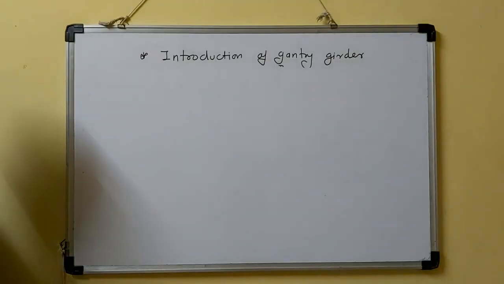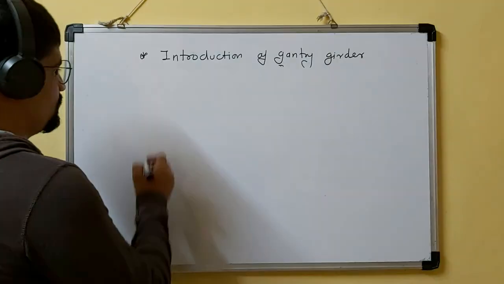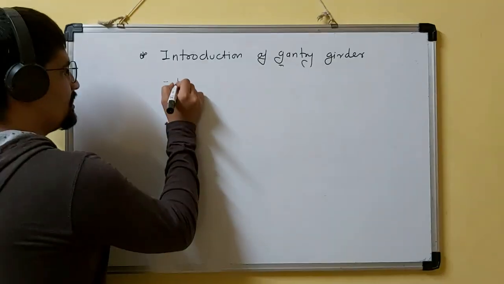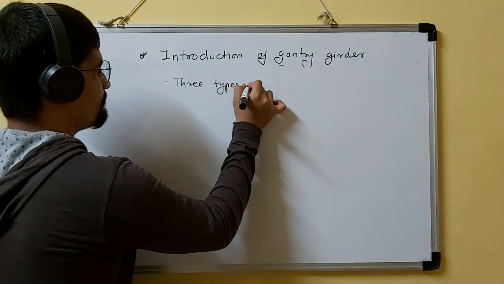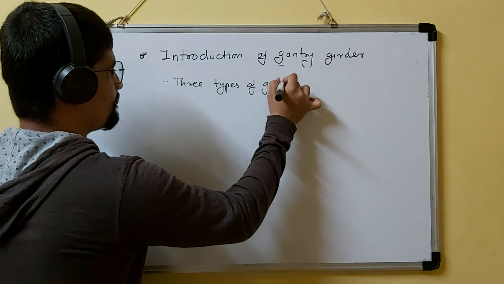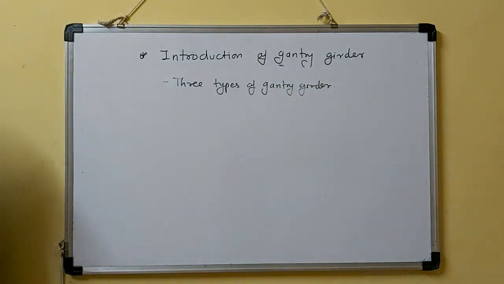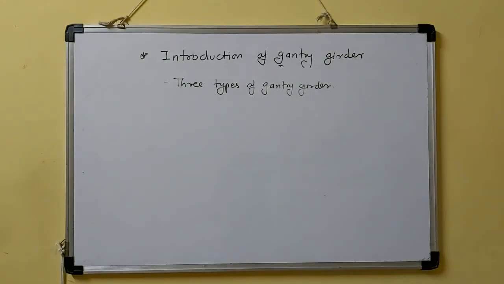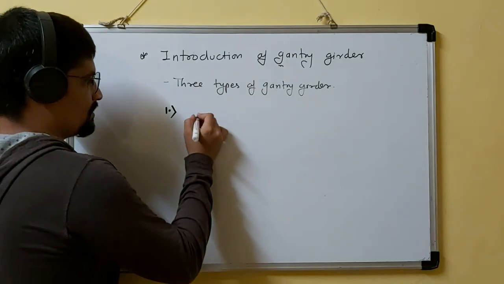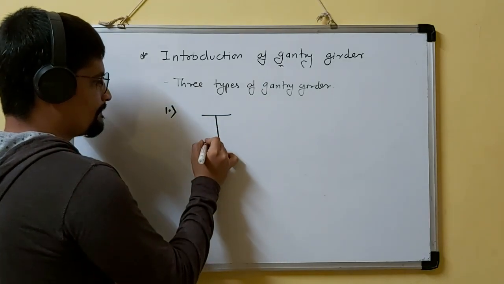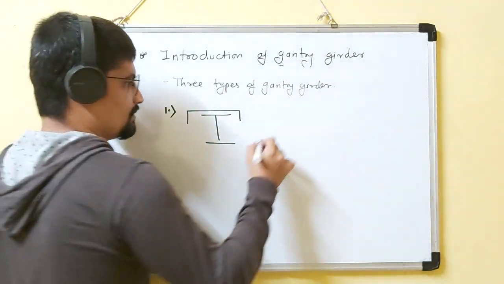The gantry girder for the calculation is of three types. First one is like this: I section plus C section combined.